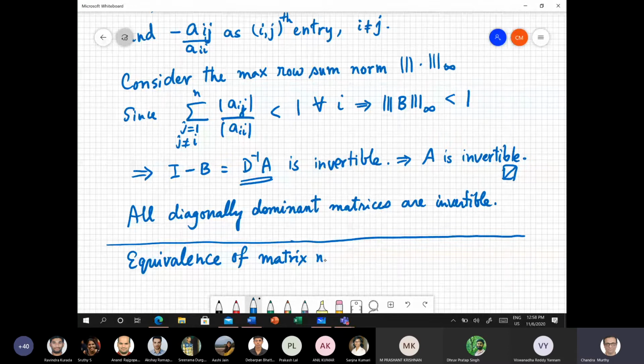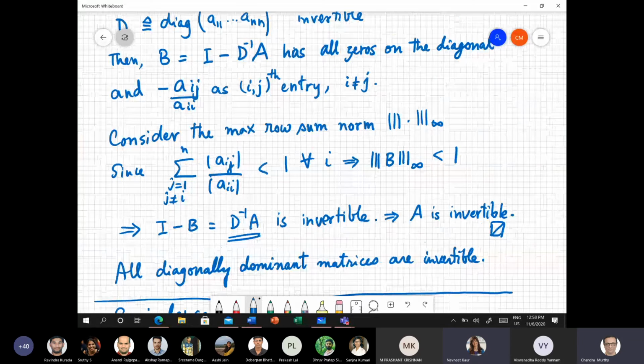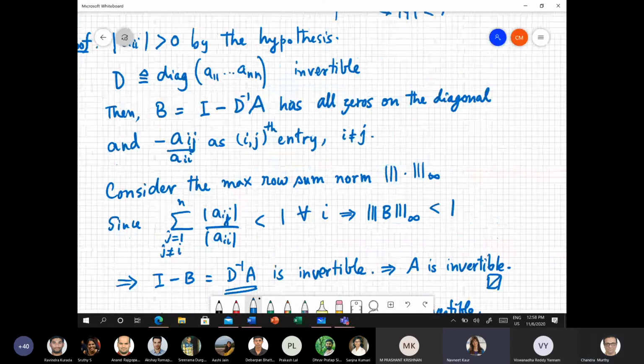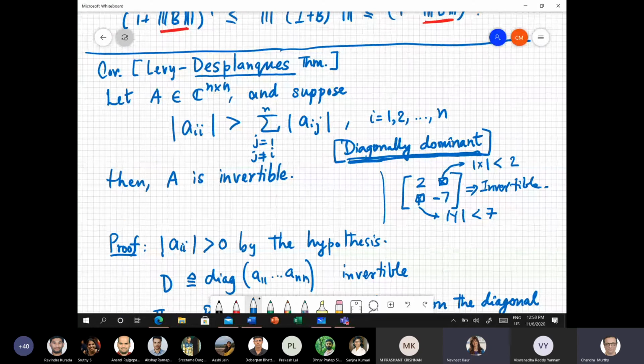Sir, so the converse is valid or not in the above theorem? Which theorem? Do all invertible matrices need to be diagonally dominant? What do you think?